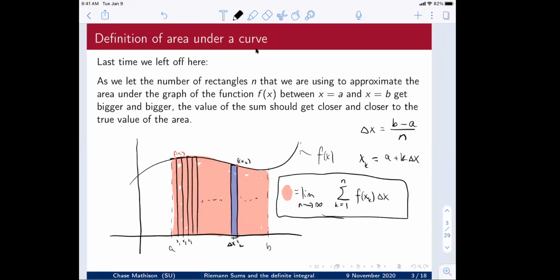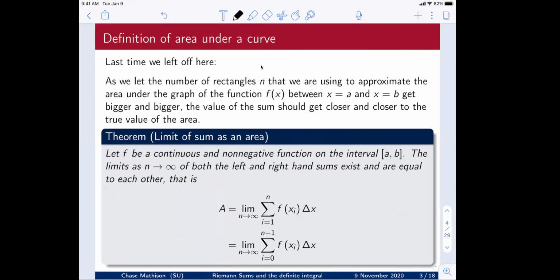In order to do this process of taking this limit, f needs to satisfy a few conditions. So instead of this being the definition of the area under the curve, it's technically a theorem. We're not going to worry about the technical hypothesis.